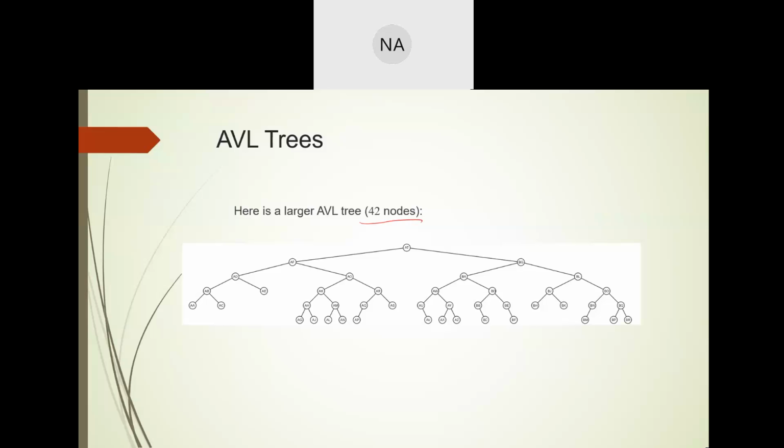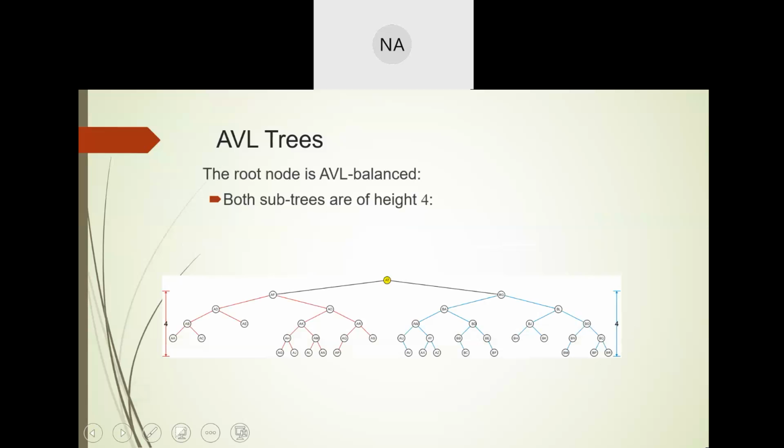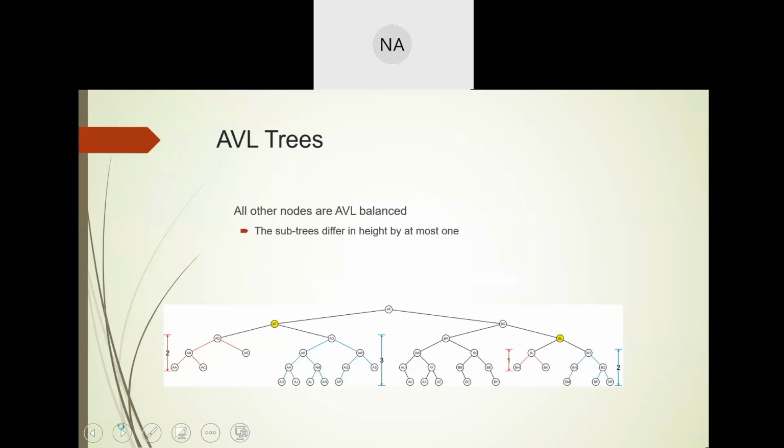Okay, and you can again check that the balance factor of any node is not more than 1. So this is also a balanced binary tree of height 4.